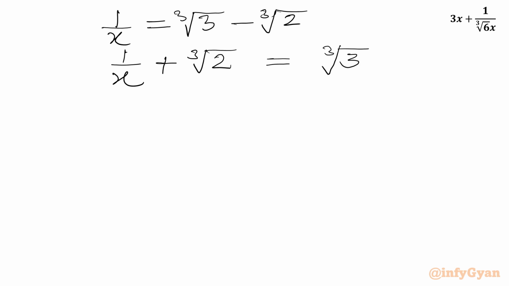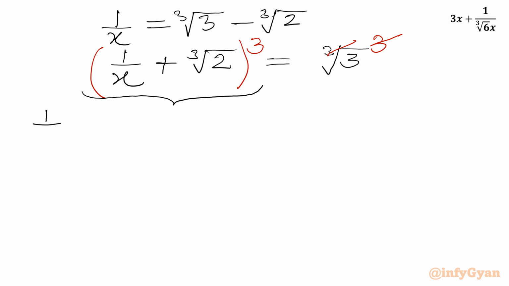Now I will consider cubing both sides. So power 3 and power 3. In the RHS, cube root and cube will be cancelled out. And for the LHS, we will use the (a plus b) whole cube formula.